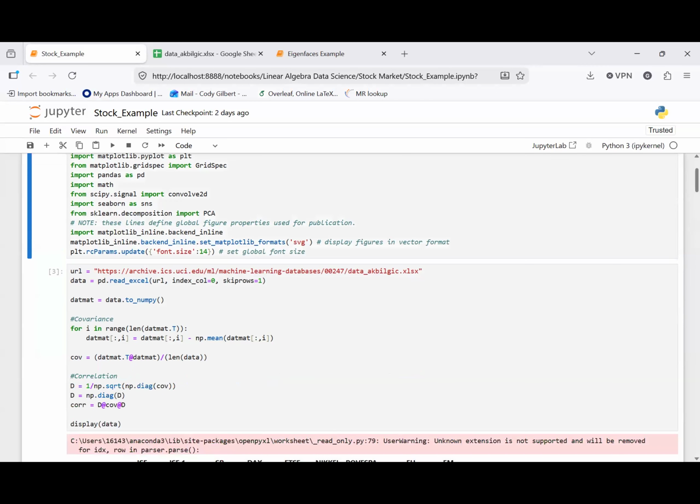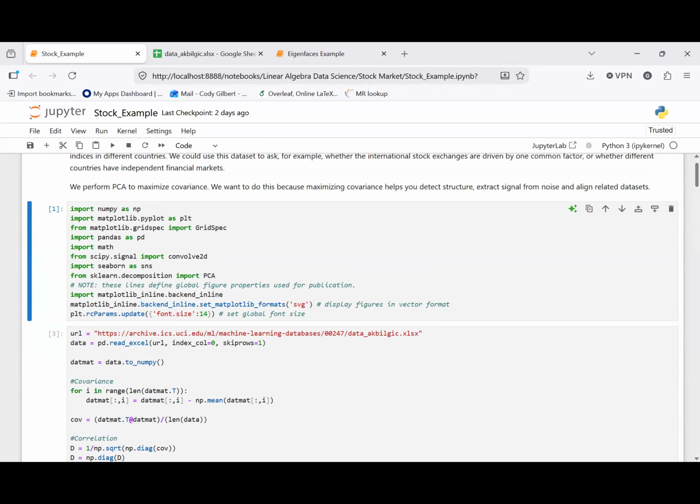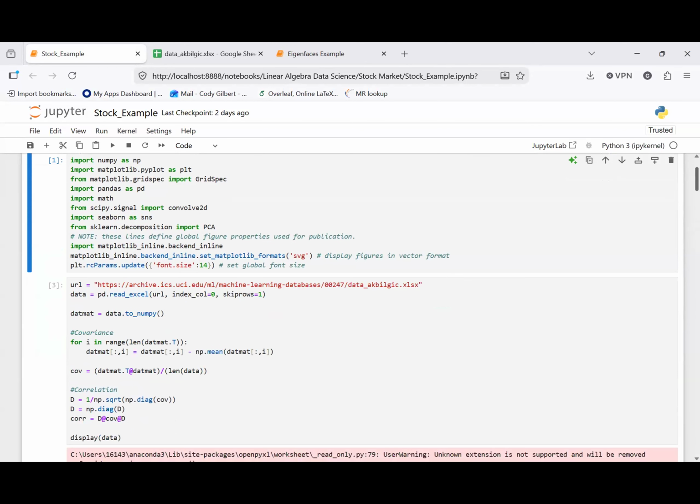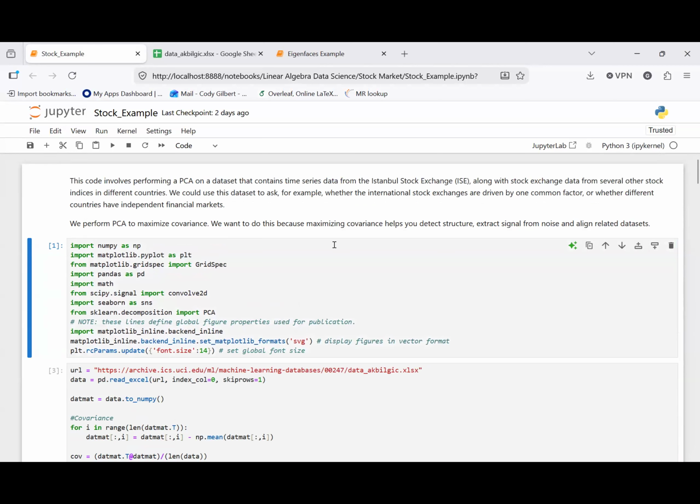Okay, yeah, so this is what I was talking about. It'll be a little bit laggy because it's not HDMI, it's on the Zoom. But anyways, this is what I was talking about a little bit on Monday. This first cell here is this Python page. I'll make a PDF and put it on Canvas later on. This is taking in data regarding the Turkish stock exchange as well as other financial markets, and so it ends up being 9-dimensional.